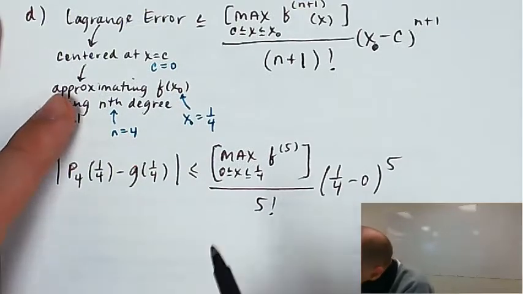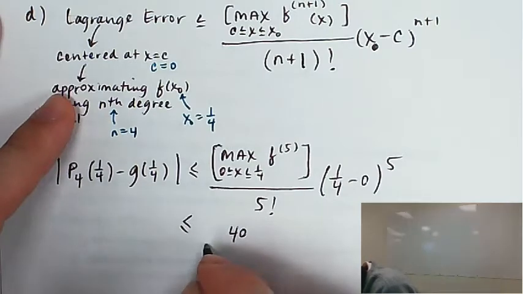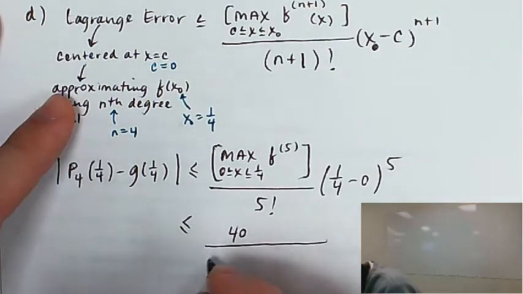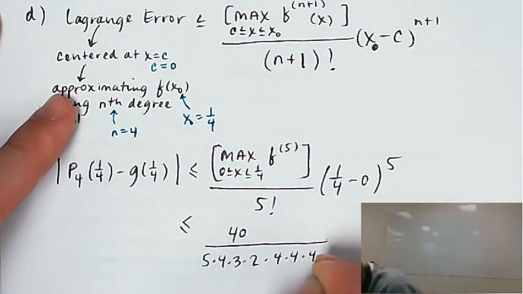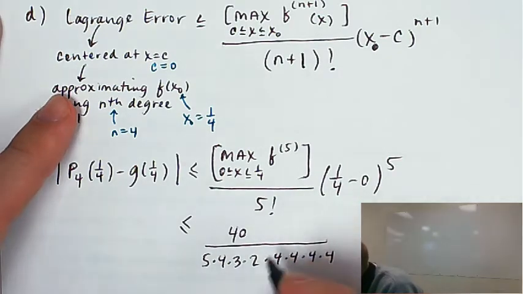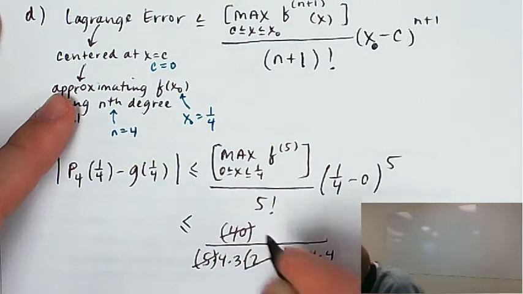Okay, so this is less than or equal to 40 divided by 5 factorial. Well, 5 factorial is 5 times 4 times 3 times 2. And then I've got 5 powers of 1/4. So what I need to do is take this 8 and this 5 and cancel them with the 40.